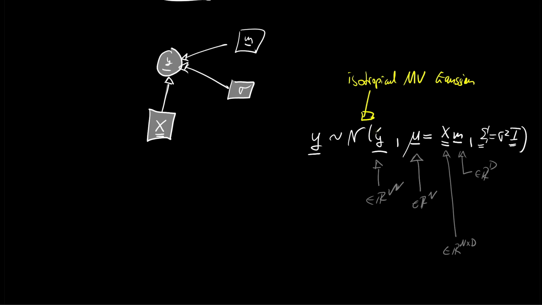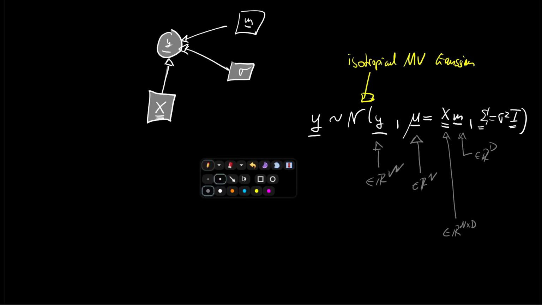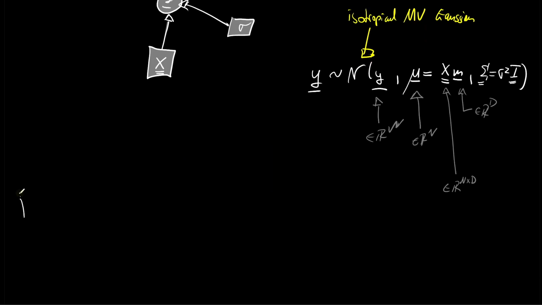So here you have to be a little bit careful, but we can use that in order to express the probability of y. So we know the probability of y vector given X matrix, m vector, and, well, covariance matrix. However you want to phrase it, maybe let's just call it sigma here.